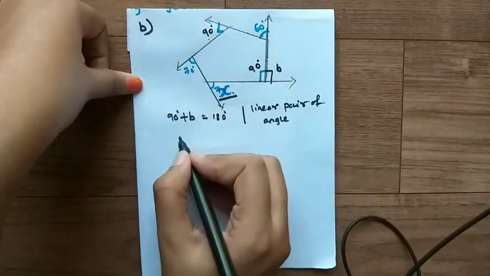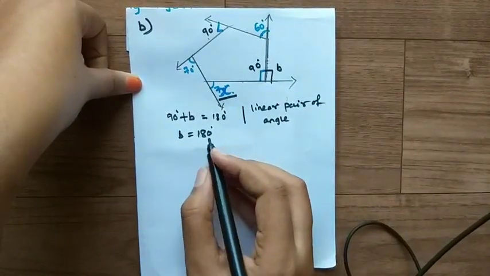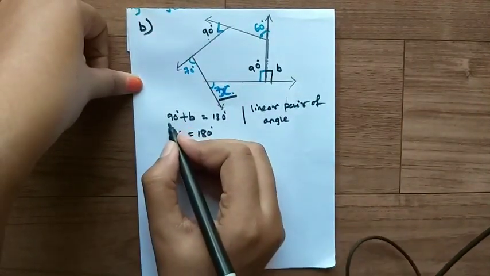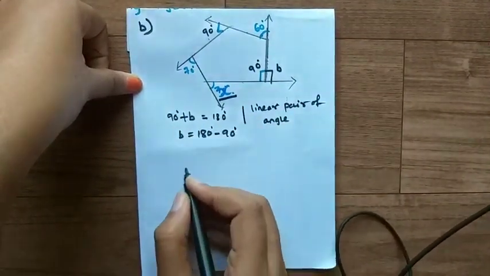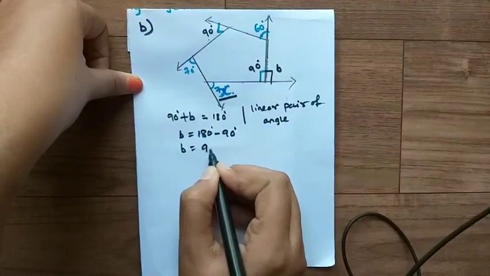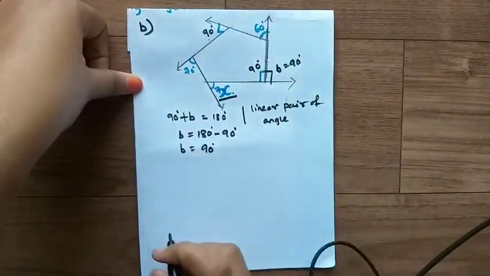So keep b as it is, equal to 180 degrees. This plus 90, when it goes to the right hand side, becomes minus 90 degrees. So angle b is equal to 90 degrees. So this is also 90 degrees.